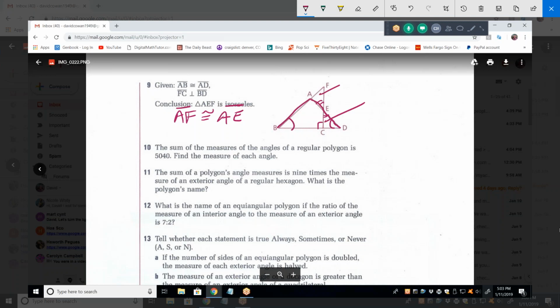It's easy to start using that and trying to prove what you're trying to prove. I know that D is equal to B. And I know that B plus F equals 90.